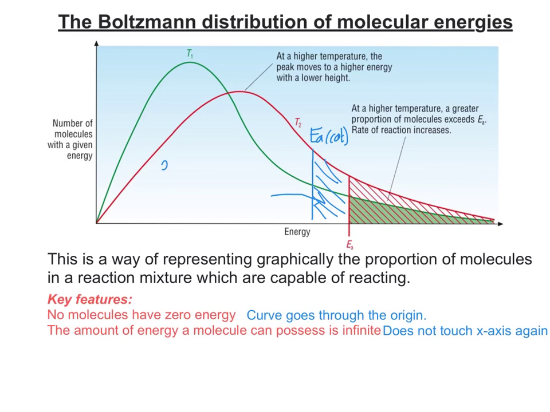So this would be particles or molecules that now also exceed EA. So that shows how a Boltzmann distribution can represent how a catalyst affects the rate of reaction, how it now shows that there are more particles that can overcome the activation energy.